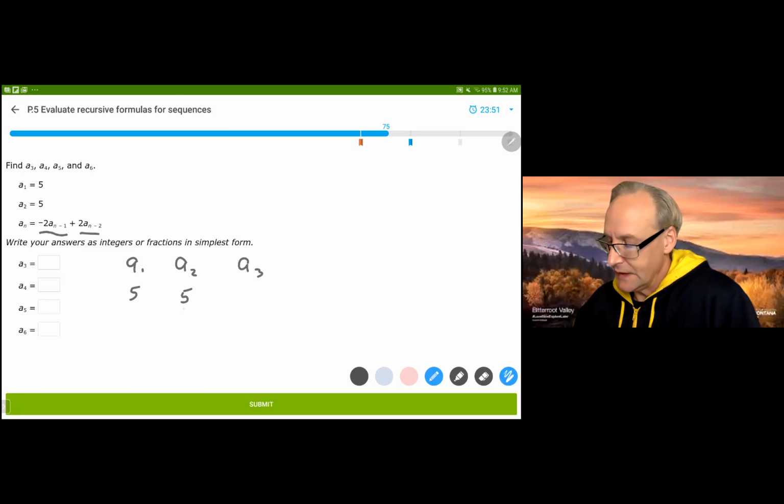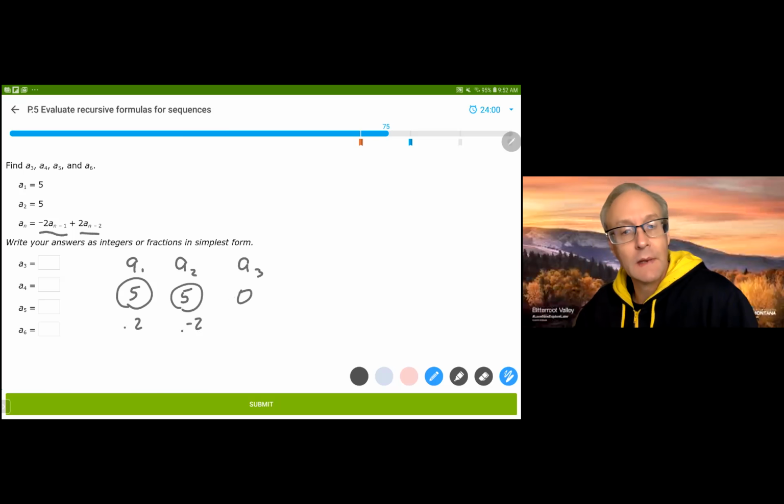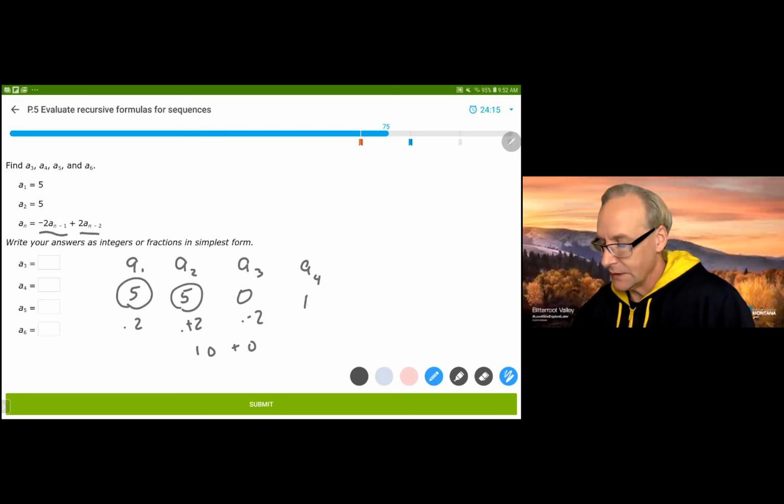A3, we're going to take this one and multiply it by -2. We're going to take this one and multiply it by +2. And we're going to add them together and get 0. Now, to get the A4, we're going to take this one and multiply it by -2, and this one by +2. So we're going to take 10 and 0 and get 10.